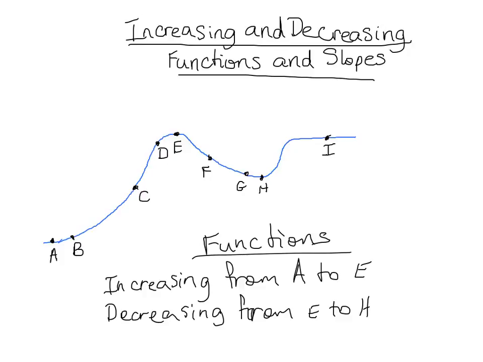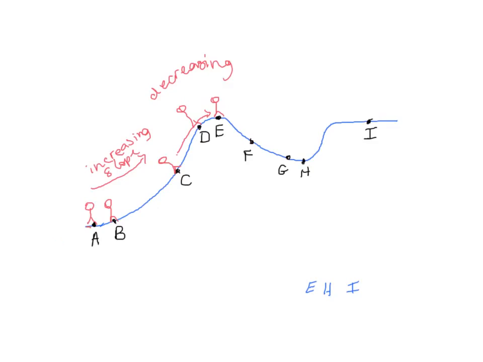On the other hand, let's see what happens if you're being asked whether or not the slope is increasing or decreasing. You may be asked about increasing or decreasing slopes. Well, in this case, you're no longer looking at the function and whether or not it's simply going up or going down.